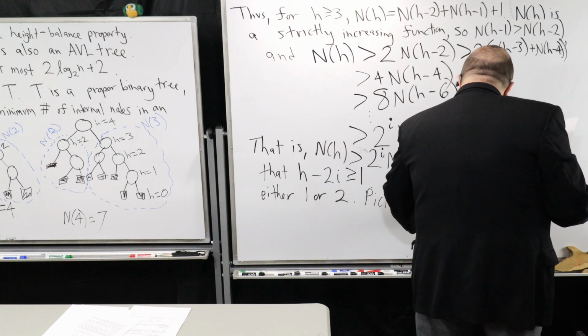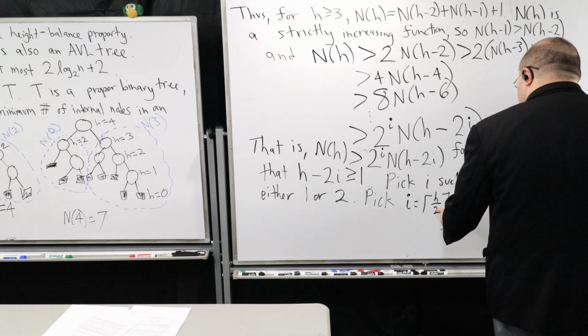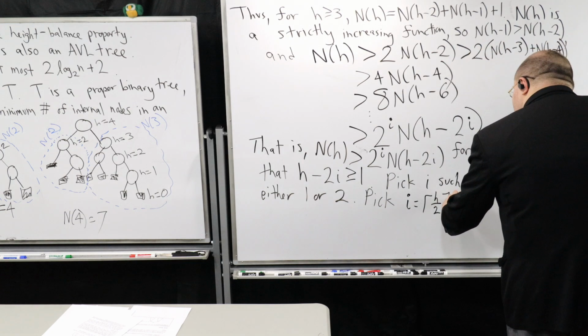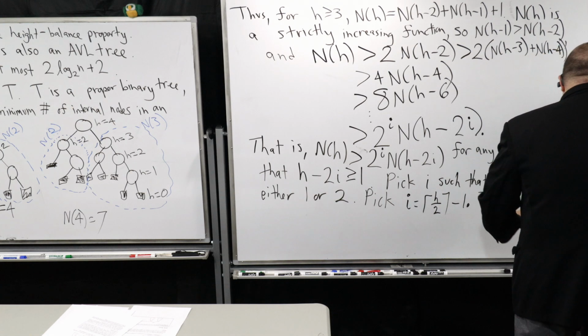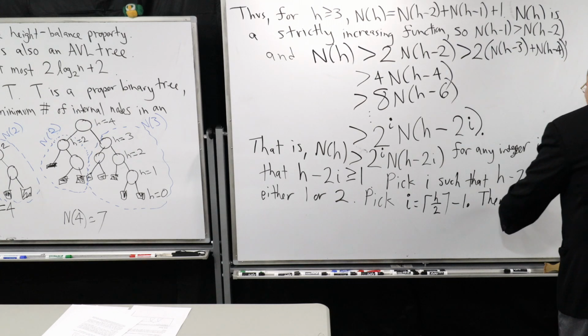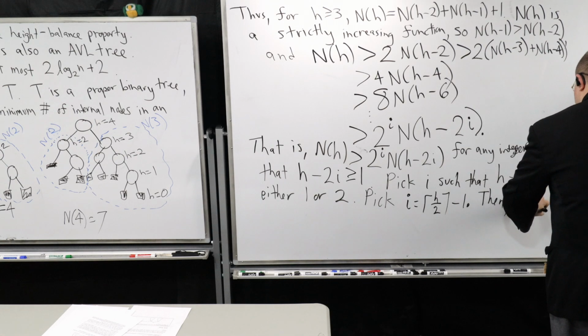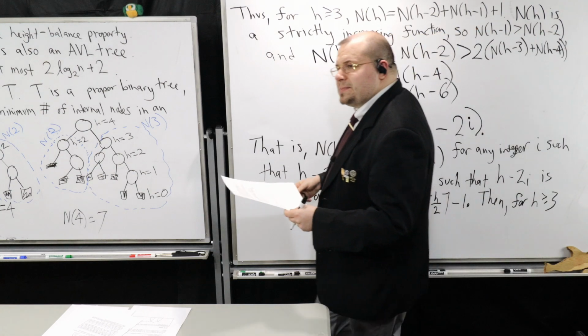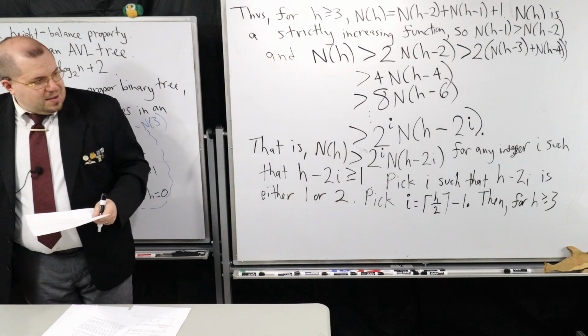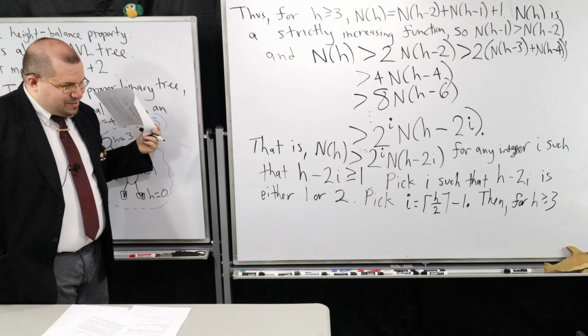I'm just going to round up whatever this is for h over 2. So the ceiling of h over 2 minus 1. Then for h greater or equal to 3, I'm going to proceed as follows.